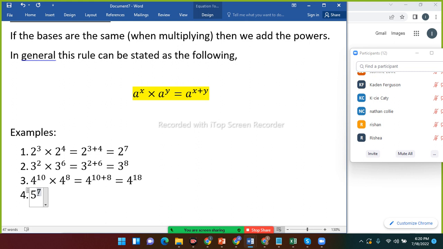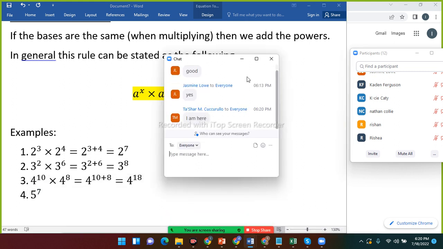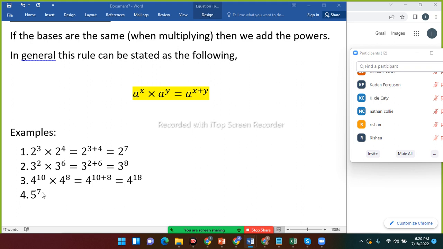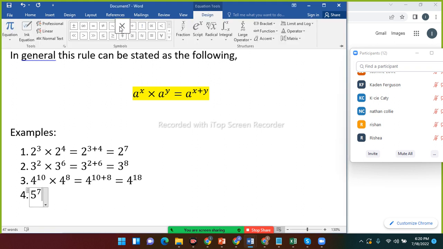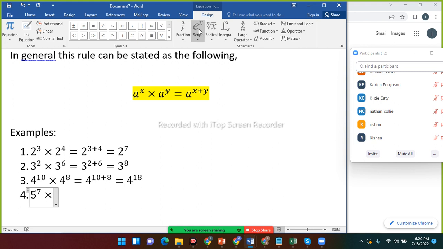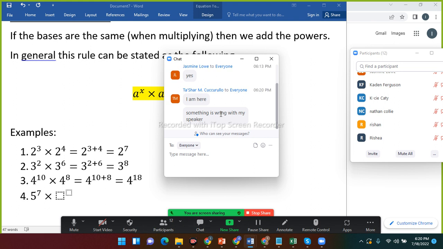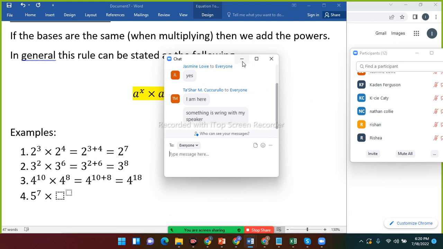Is Miss C here? Miss C says, yes, I am here. Can we hear your voice, if you don't mind? Everybody type in today. Alright, so Miss C, I want to ask this question. She says something is wrong with my speaker. Oh, okay. Well, answer this question for me by typing then.